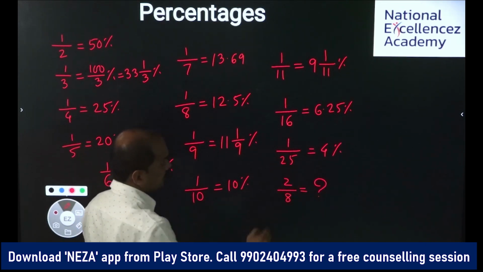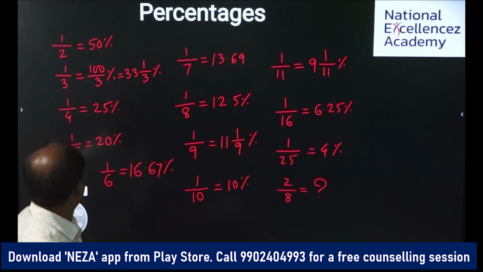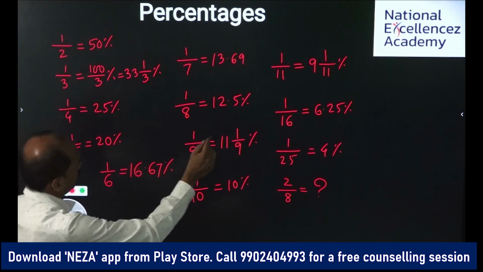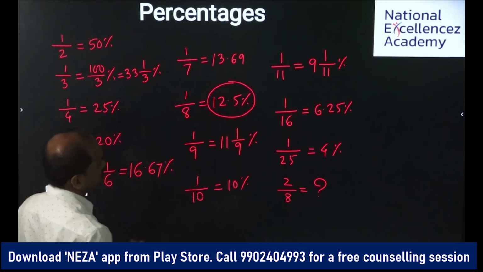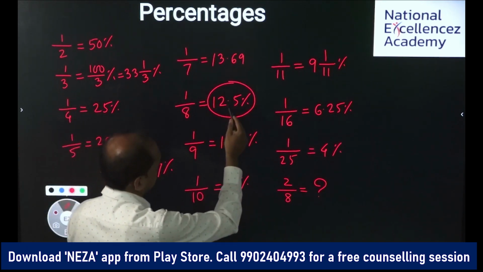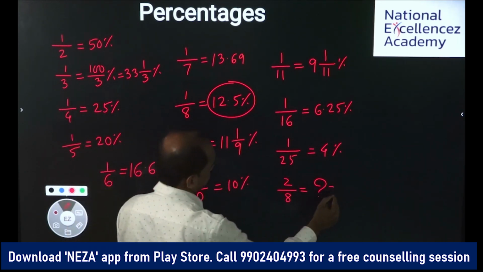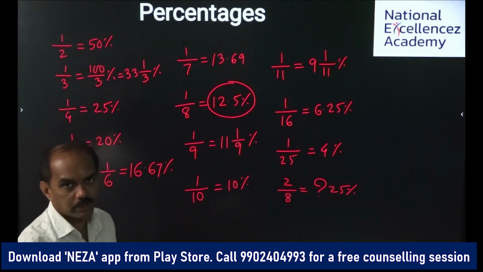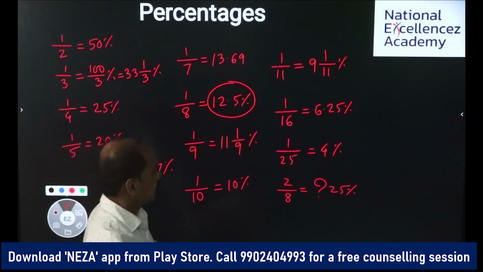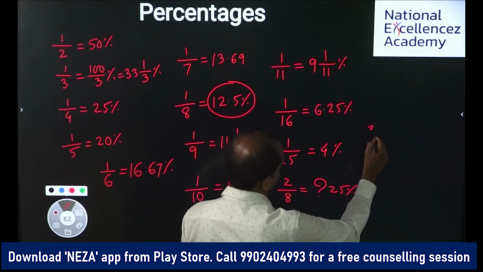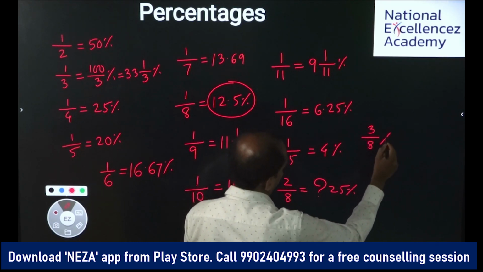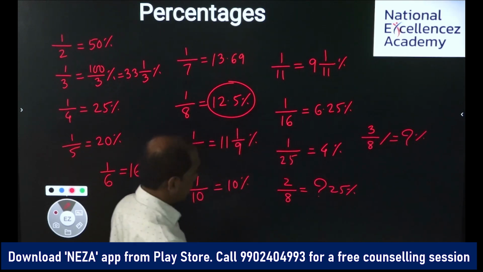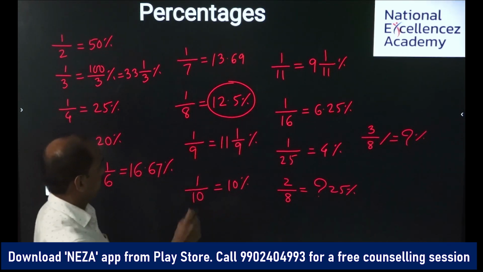Okay. Now, if he says 2 by 8, how much is it? 2 by 8 is what percent? Okay. So 1 by 8 we know it is 12 and half. 2 by 8 is double of that, 25%. 12 and half into 2 means double, right? If I say 3 by 8, what percent is it?